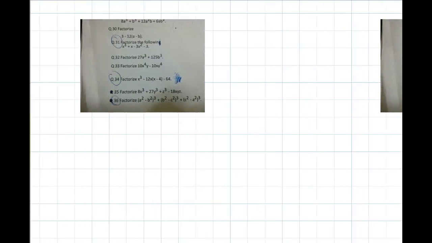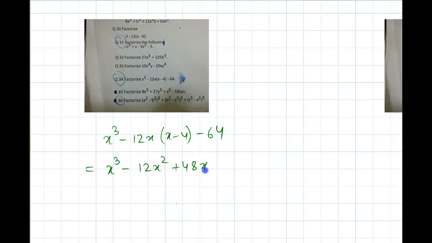Let's look at the next question, which is the 34th question, which says x cube minus 12x into x minus 4 minus 64. Let me first open the bracket. What do I get? X cube minus 12x square plus 48x minus 64.